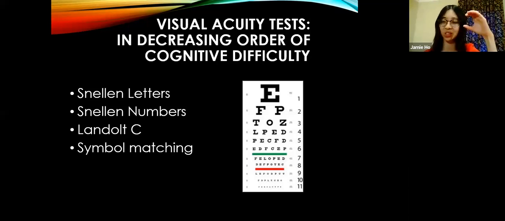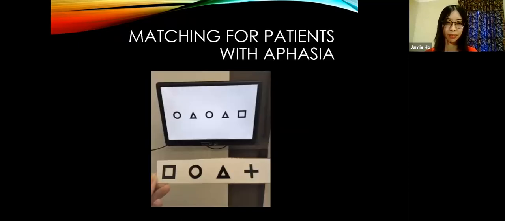That's the one that has a little circle, and the patient points to whether the opening is facing up, down, left, or right. We can also do symbol matching, which I'm going to show you. That's what symbol matching looks like. This is great if my patient has aphasia. Aphasia means they're not able to communicate with me properly or understand speech.